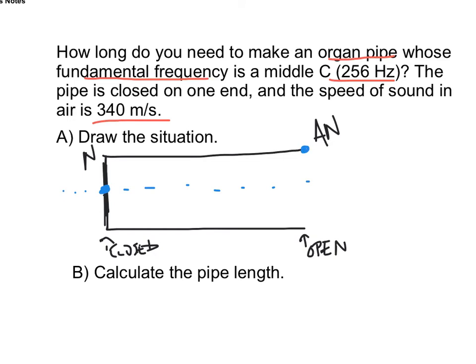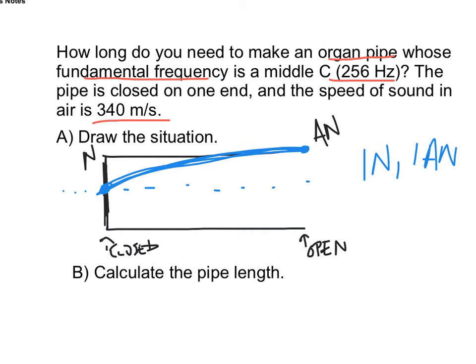If I'm drawing the fundamental frequency, I'm drawing the longest possible standing wave that can exist in this pipe. The longest possible standing wave doesn't cross that center line at all. It has no additional nodes and antinodes. It only has one node and one antinode. And so this longest possible wave looks like that. That is my fundamental frequency of oscillation in this standing wave.